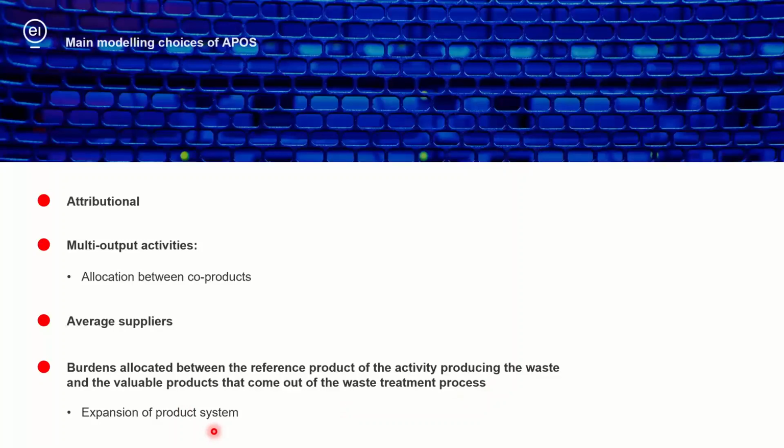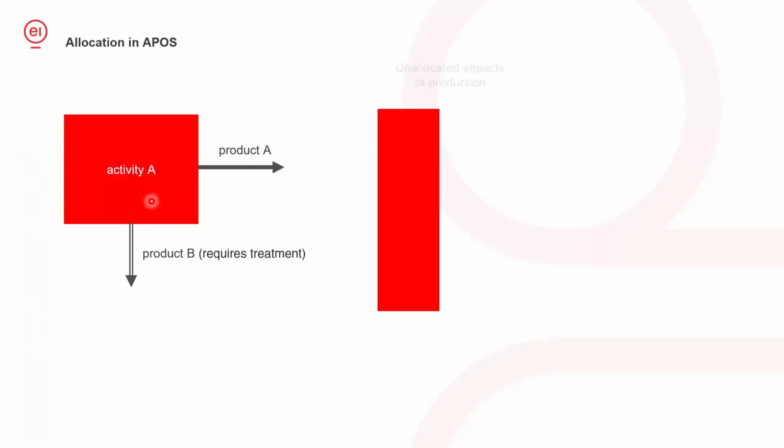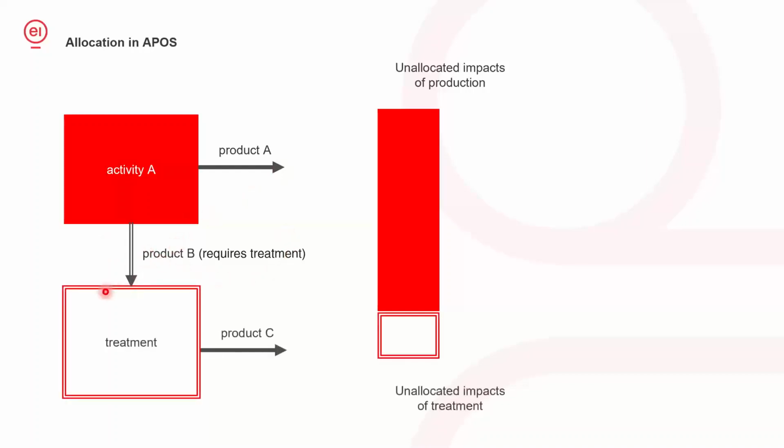So let's take this and look at it more here. We have an activity A that produces a valuable product A and a waste product B. The product B needs to be treated and produces a valuable product C. The two bars here are the unallocated impacts of production and of treatment.